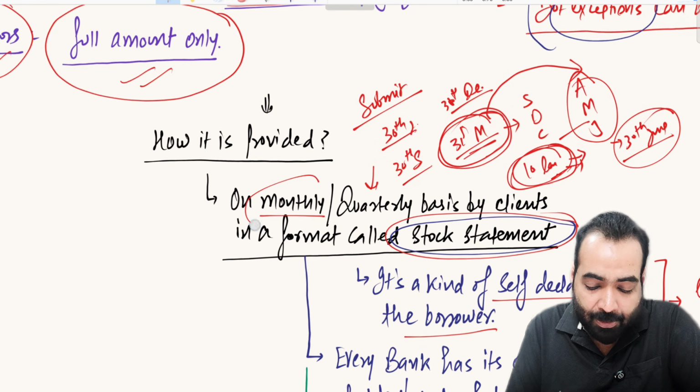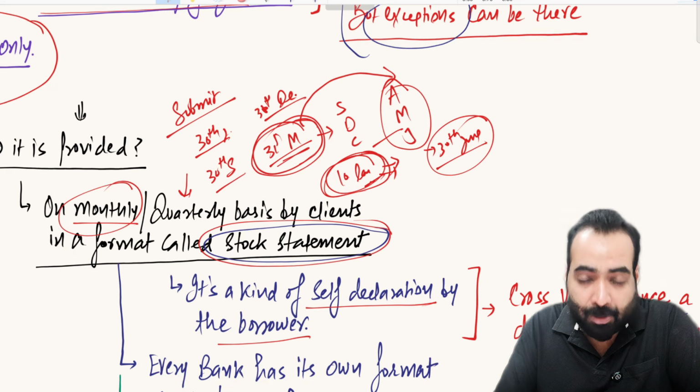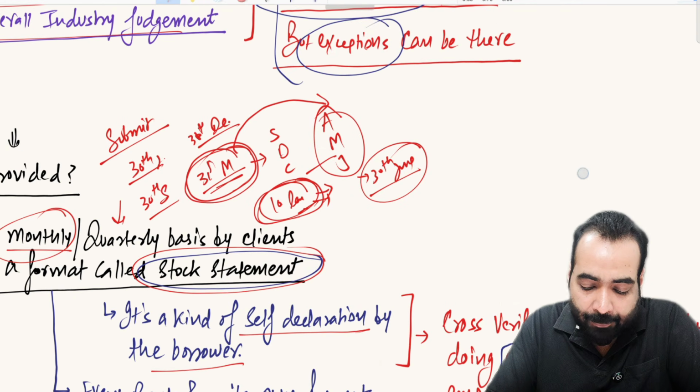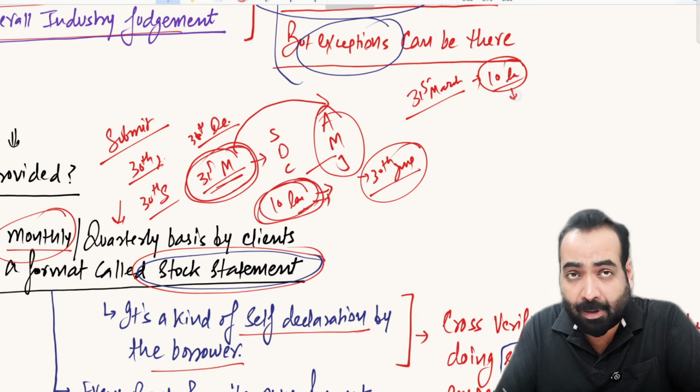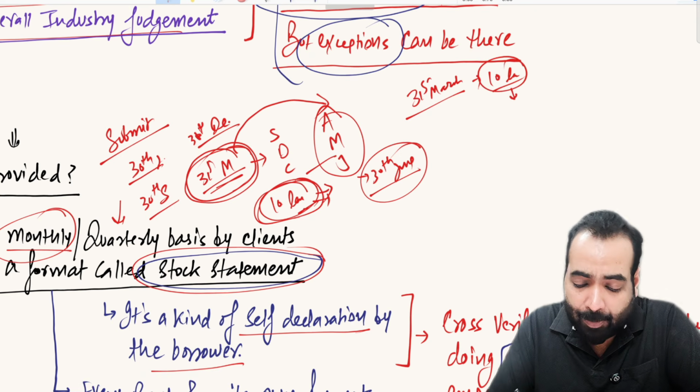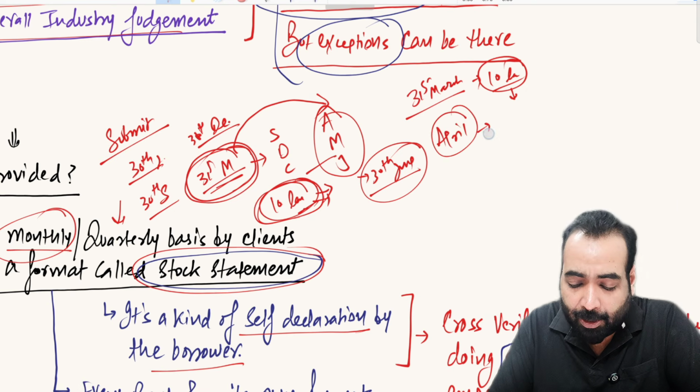If you are providing a monthly stock statement, then you have the option to submit monthly data. So suppose you are submitting on 31st March the drawing power of 10 lakh, then the whole 10 lakh rupees, the maximum amount that you can draw down, will be applicable for the whole of April, till you submit the next stock statement on 30th April.